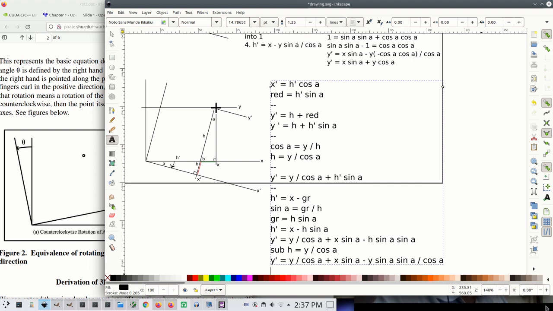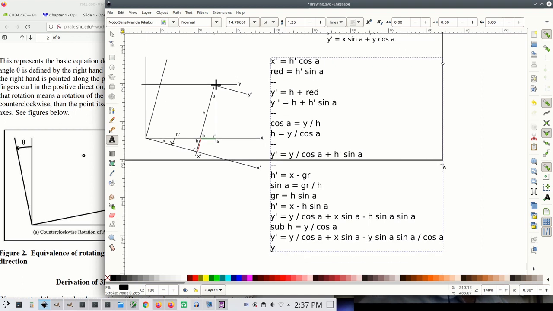Okay, and let's rearrange that a bit. Y prime equals x sine a plus y, one minus sine a over cos a.